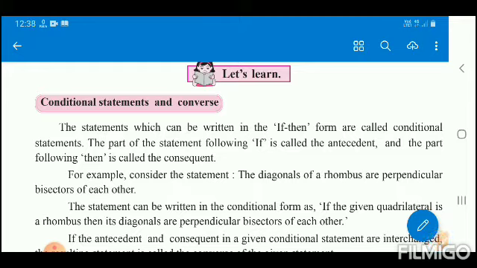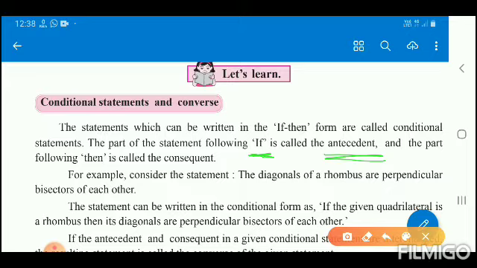The part of the statement following if is called the antecedent. Okay, which part? The part of the statement which is following if. This part is known as the antecedent.